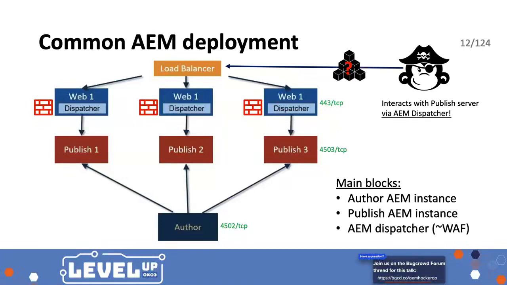We will focus on the AEM dispatcher. Physically, AEM dispatcher is a module for a web server, Apache or IIS. It filters out requests that don't fit the security policy and prevents them from reaching the publish instance.